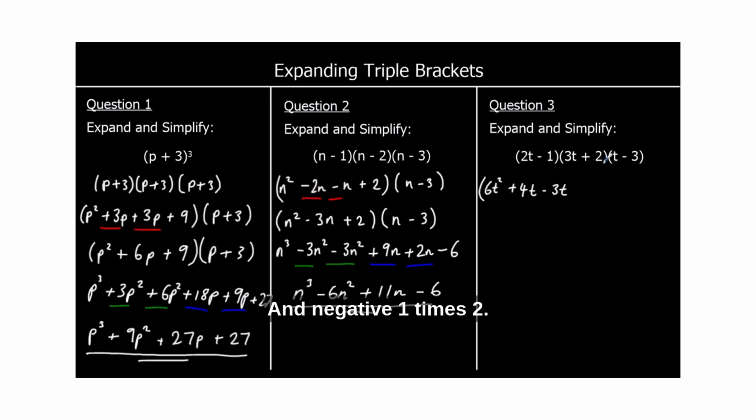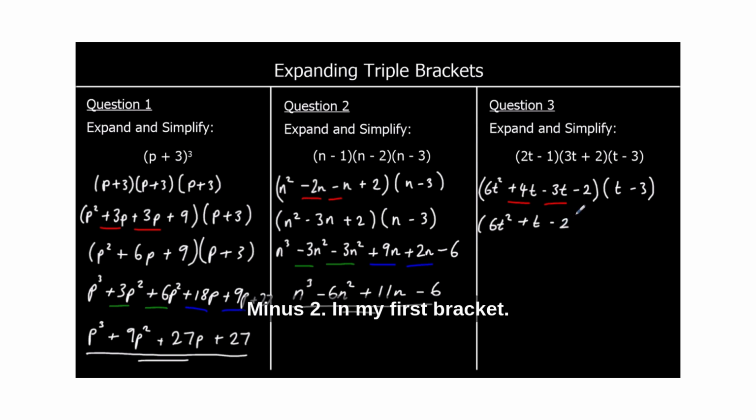And negative 1 times 2 is negative 2. And I've got the last bracket on the end. So simplifying, 4t take away 3t is t. So I've got 6t squared plus t minus 2 in my first bracket and t minus 3 in the second bracket.